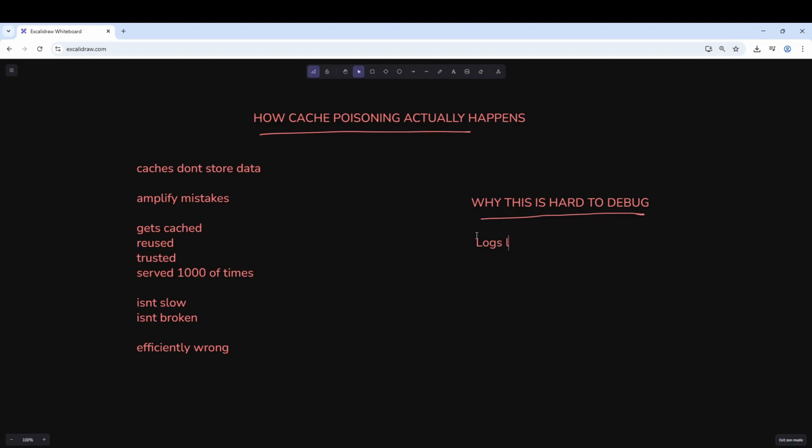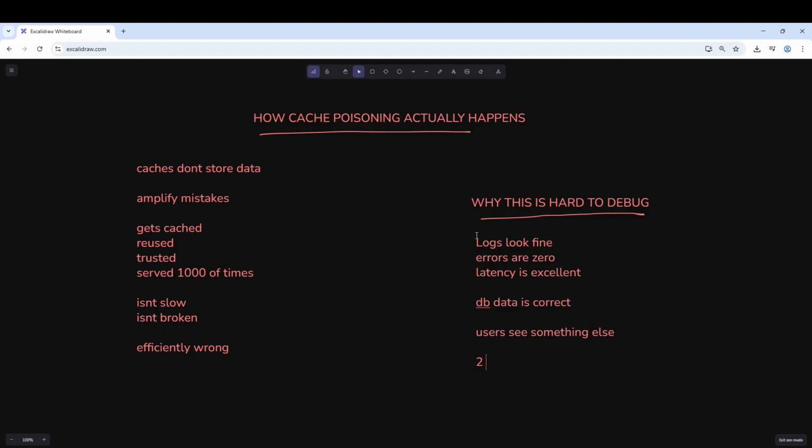Why is this hard to debug? Because logs look fine, errors are zero, latency is excellent, DB data is correct, but the user sees something else.